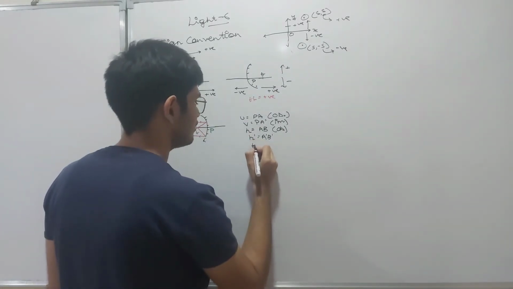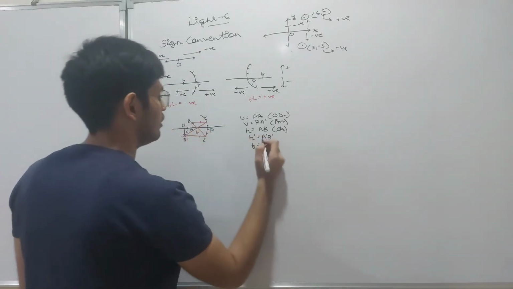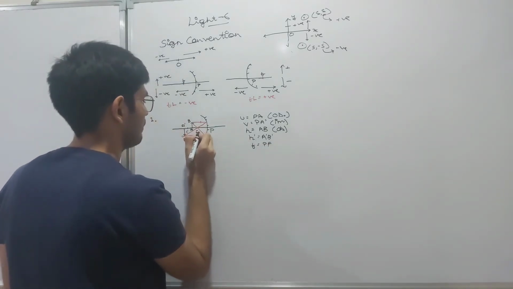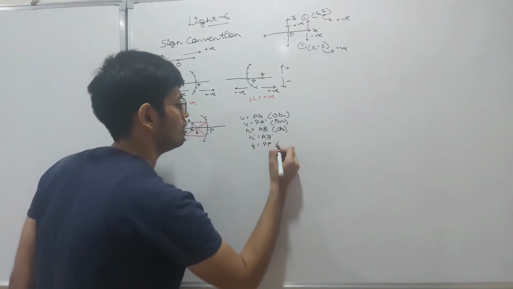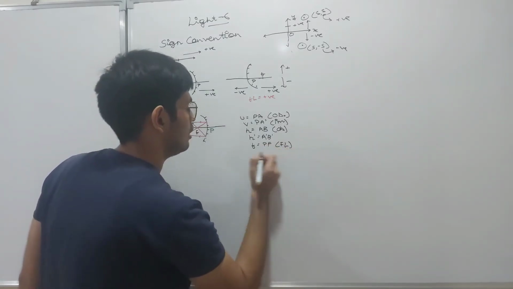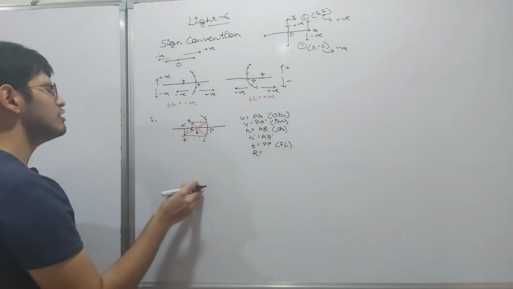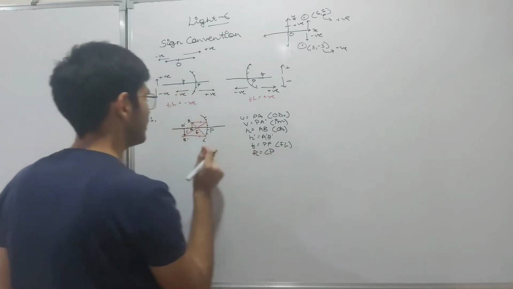What is F? F is the focal length. Focal length is PF. What is this R? This is the radius of curvature, the distance between C and P. This CP is the radius of curvature.